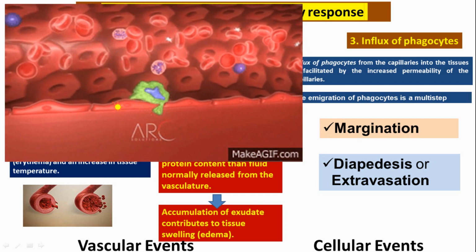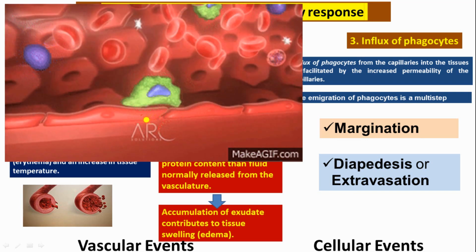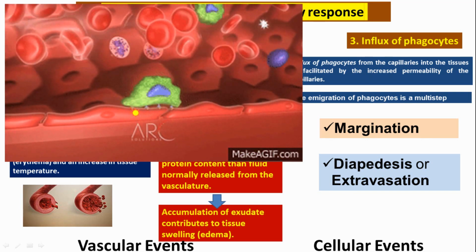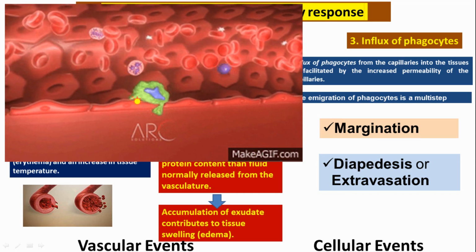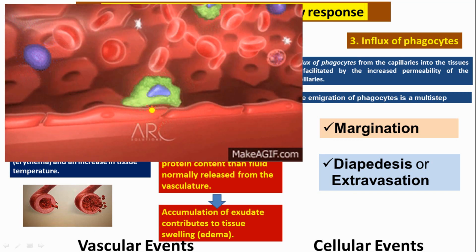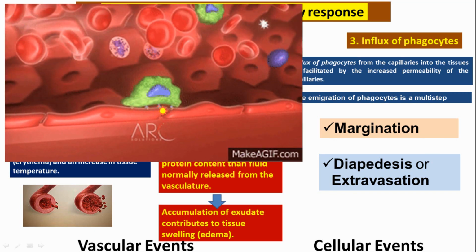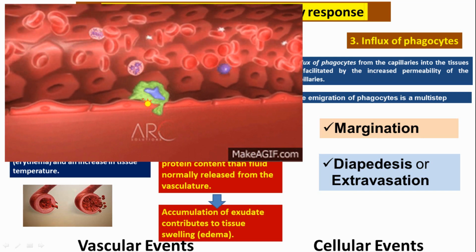These proteins are present on the surface of the capillary walls because of the activation of these cells by inflammatory mediators. The receptors for these proteins are present on the phagocytic cells, and you can see they bind with these proteins through the receptors and adhere themselves.